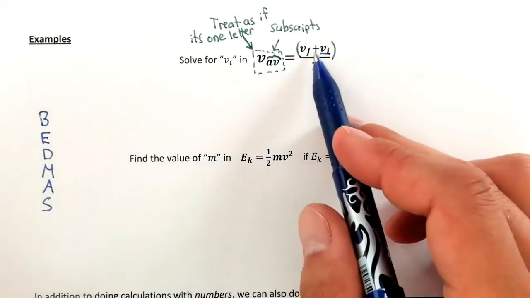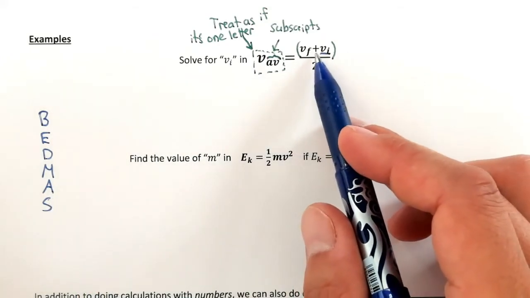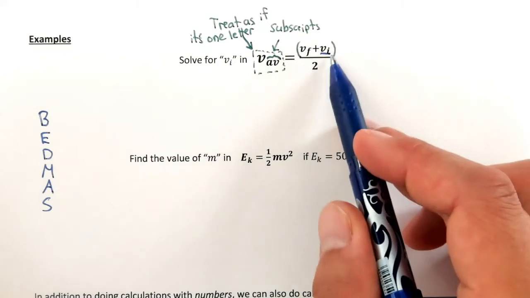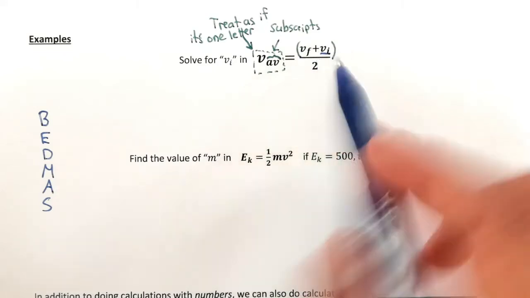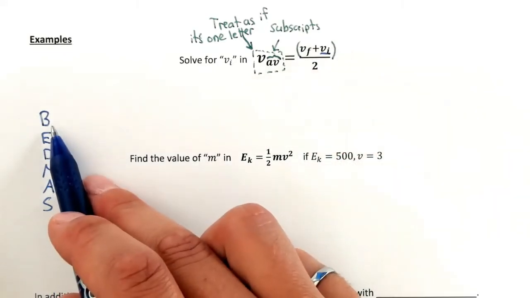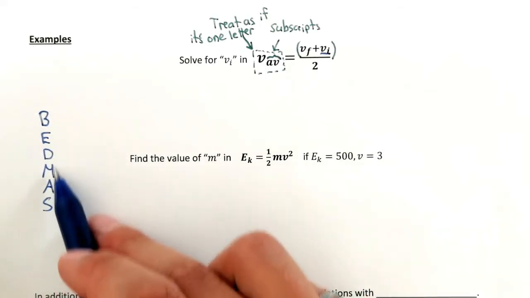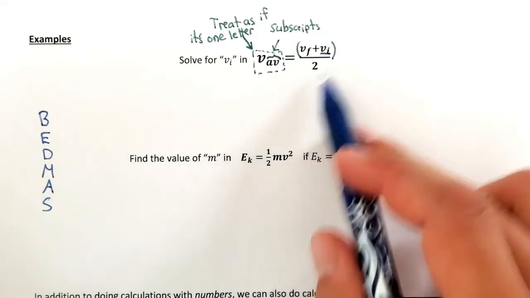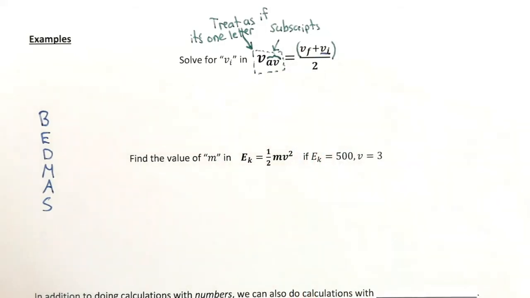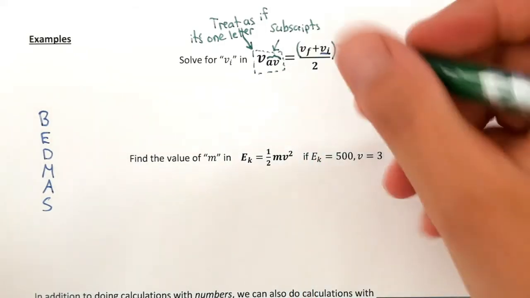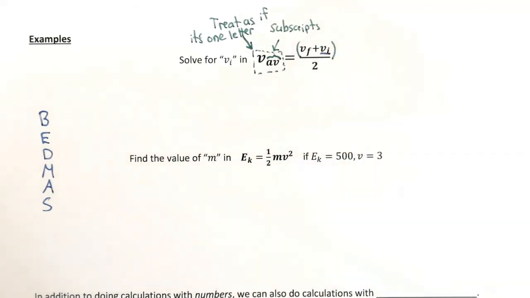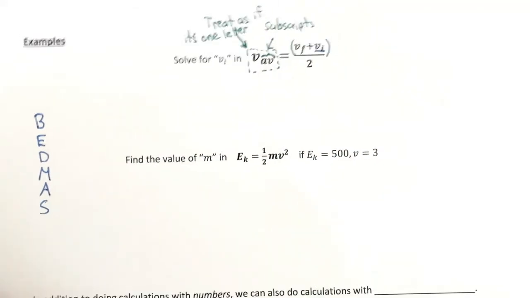There's some addition going on here with the VI, but remember, this addition is inside brackets, so I can't get to it until I get all the way back up to B. There's no other addition and subtraction. There is some multiplication and division. VI is getting divided by 2. So I am going to undo that, multiply both sides by 2.